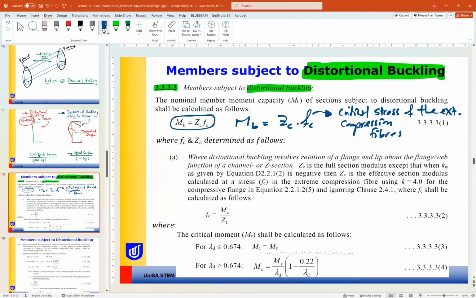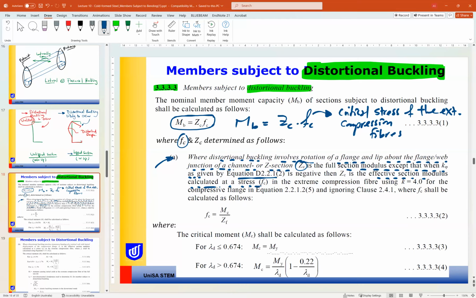So the standard again gives us the formula for ZC and FC. So FC, where distortional buckling involves rotation of the flange and lip about the flange junction of a channel or Z section. ZC is the full section modulus, except that when K phi as given in equation 2.2.1 is negative, then ZC is the effective section modulus calculated at stress FC.